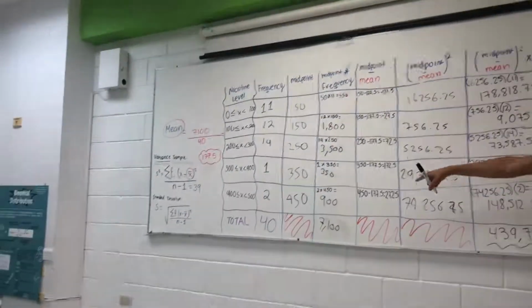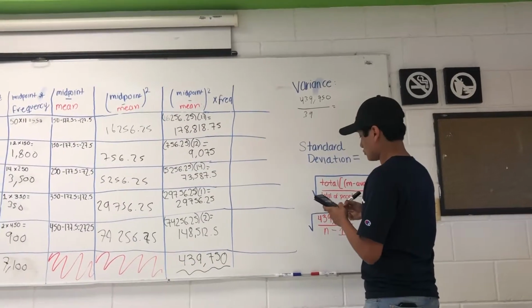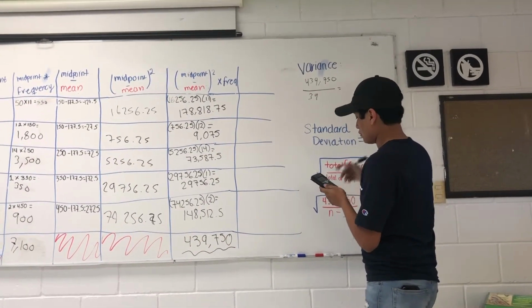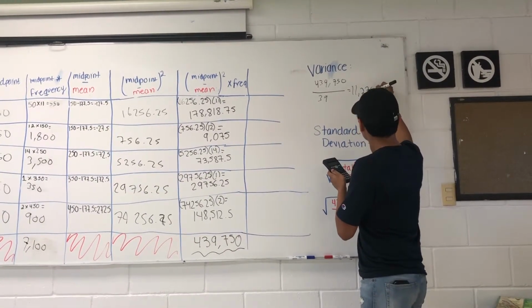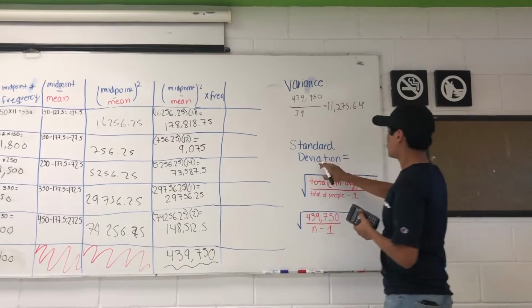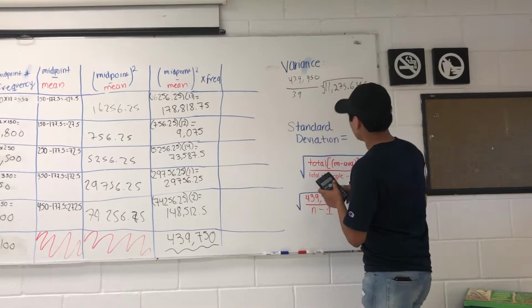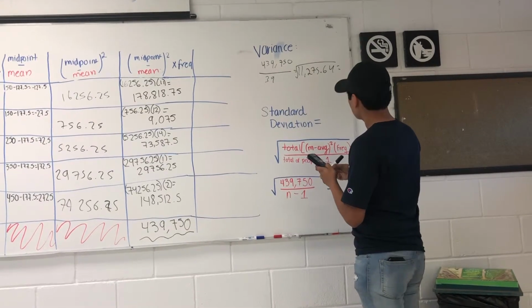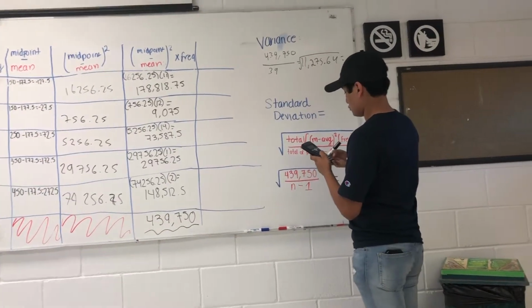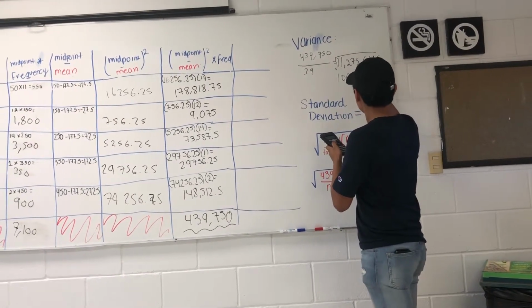And the answer is the sample variance. To get the standard deviation, we have to get the square root of this number, which is equal to 106.18.